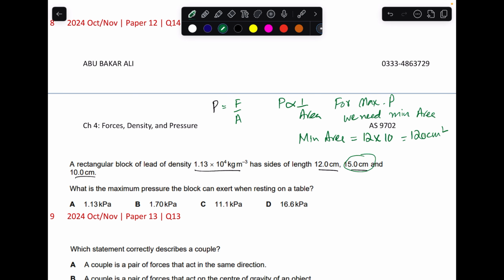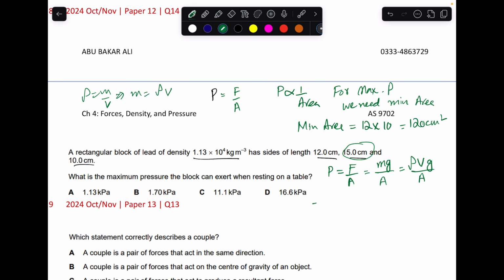So you have to find the maximum pressure. So pressure is force over area. Okay, we don't know the force. We know it is equal to weight, that is mg over area, right? We don't know the mass, we know the density. We know density is mass over volume, so mass is density into volume. So you can put density into volume into g, divided by A. Now you have all the values you can put there. Density is 1.13 times 10 raised to power 4.